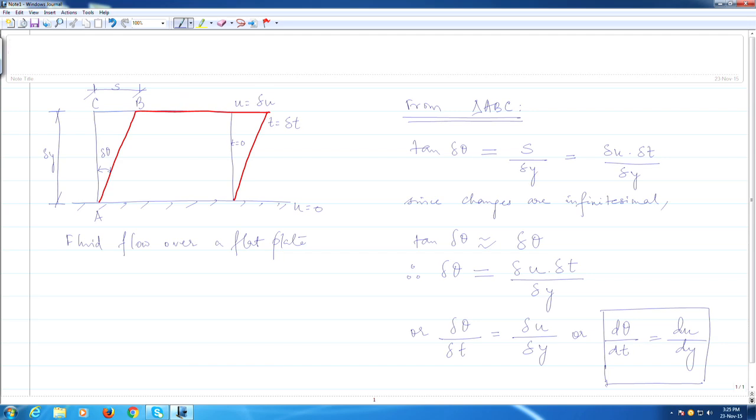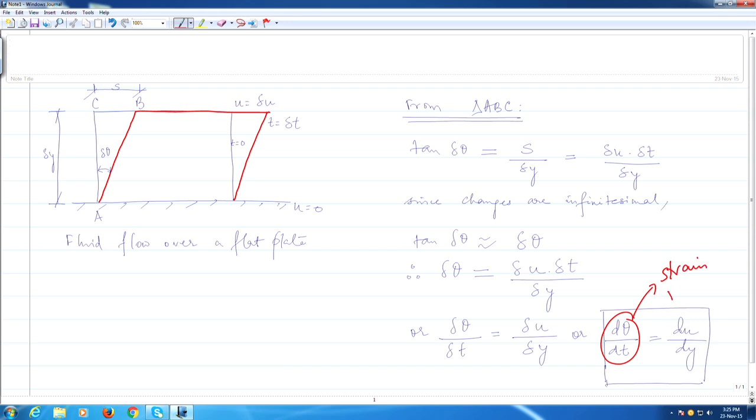Now what is this d theta dt? What you can basically see here is that d theta dt is giving you a quantitative measure of how much the fluid element is deforming. So therefore this is essentially the strain rate.